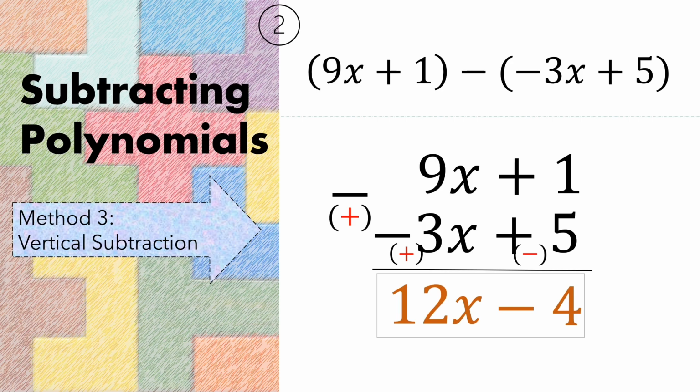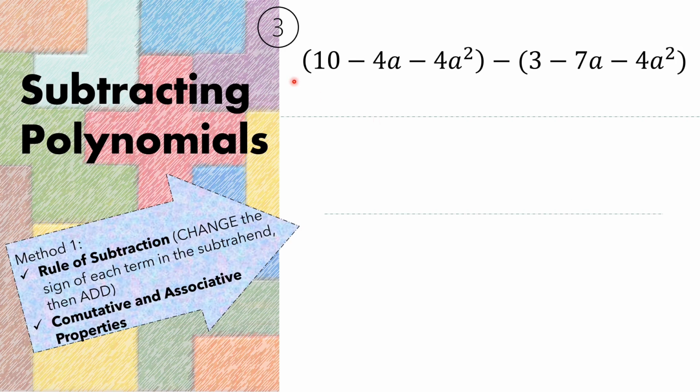Another example. Number 3, the quantity of 10 minus 4a minus 4a squared minus the quantity of 3 minus 7a minus 4a squared. Applying method 1, rule of subtraction and commutative and associative properties.